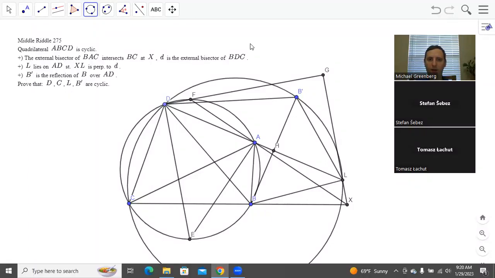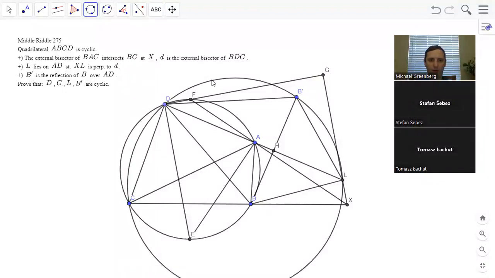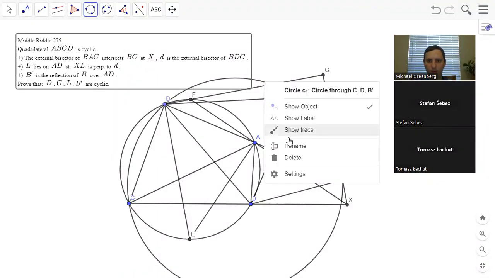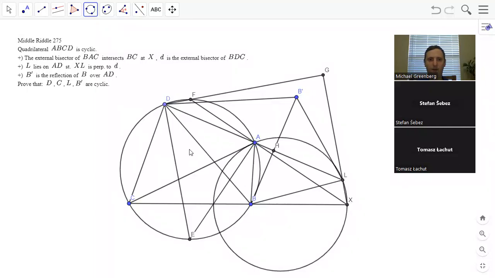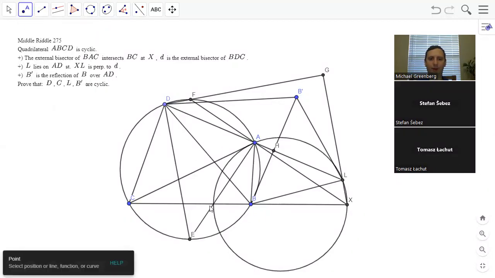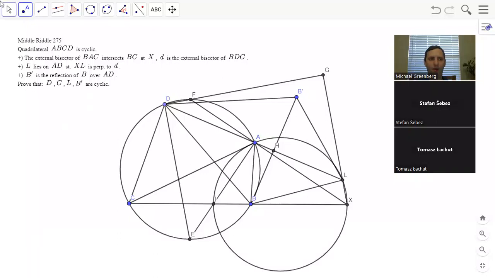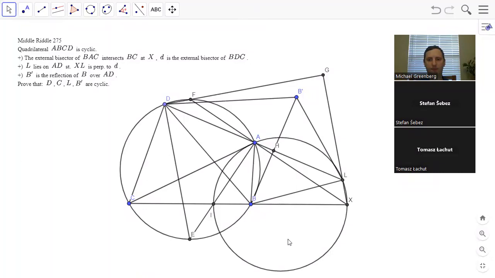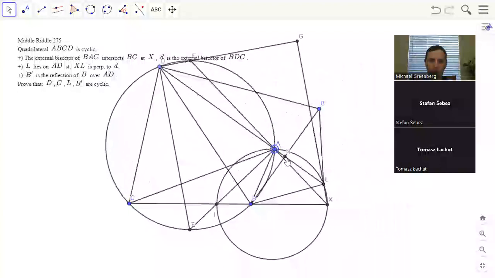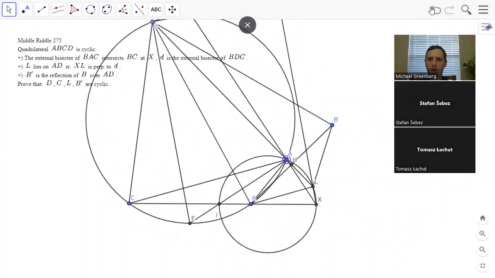ALX passes through AE intersect BC. Okay, so I'll draw that. Interesting, so point E is useful then. And is it tangent to AC? I don't think so, no, it's not tangent. Okay.